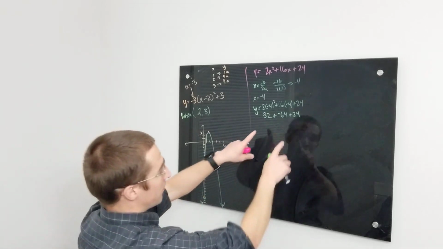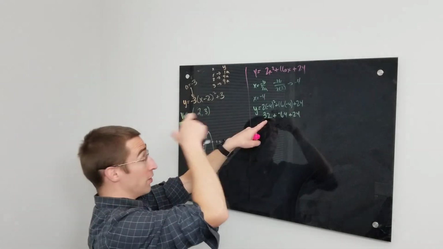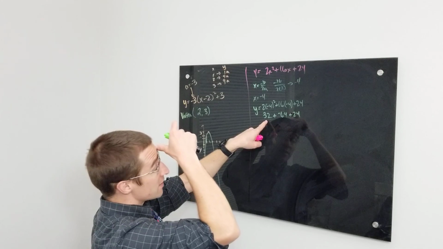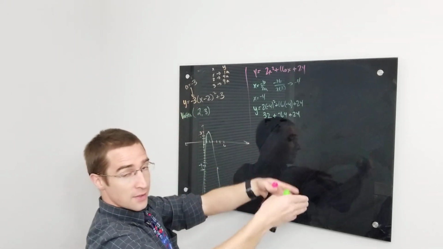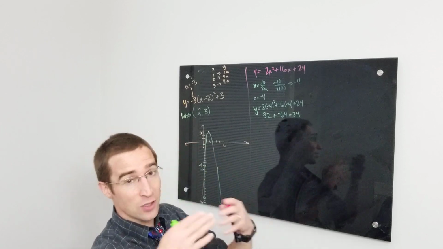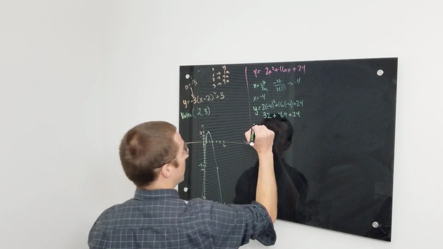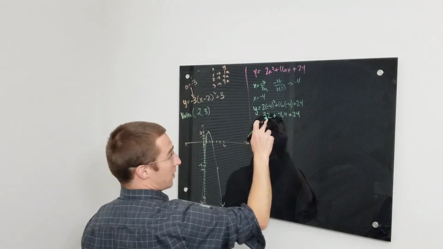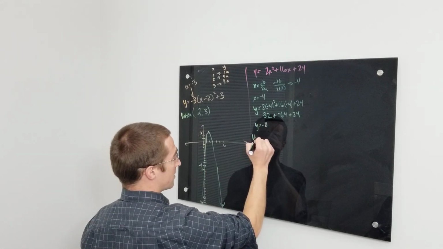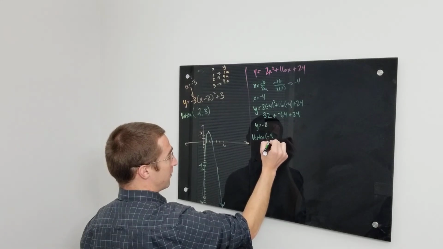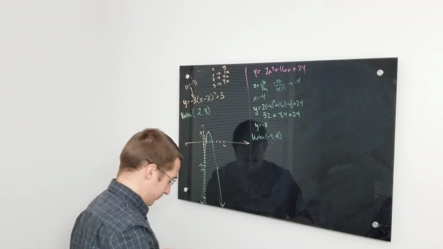So here, 24 and 32 are going to give me 56. And then basically I got to find out how far away 56 is from negative 64, and it's going to be 8 away. So here the y number is negative 8. If I combine all those, I'll get a negative 8. So here the vertex is at negative 4 comma negative 8.